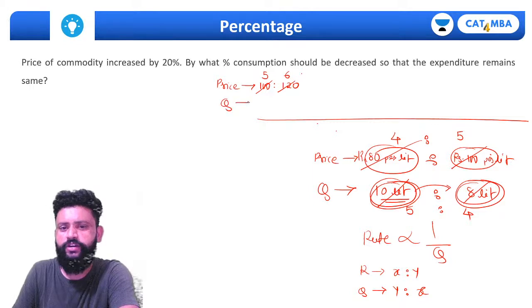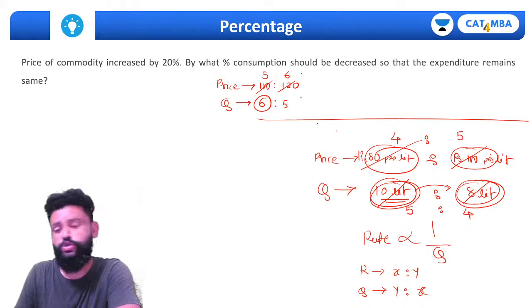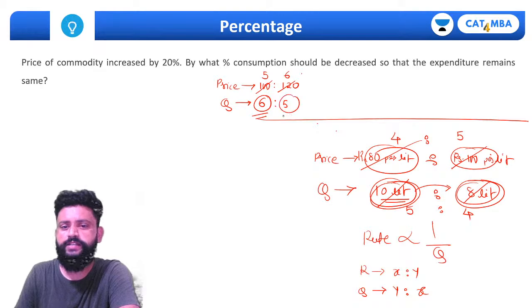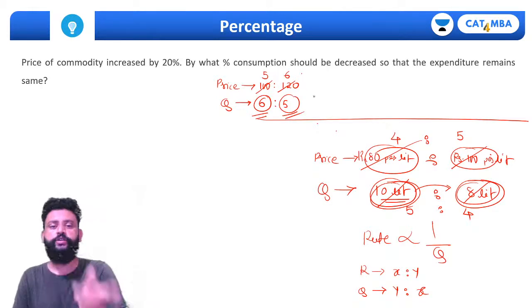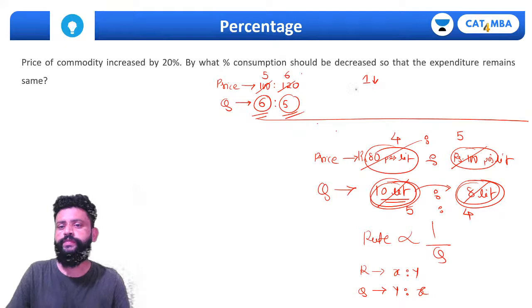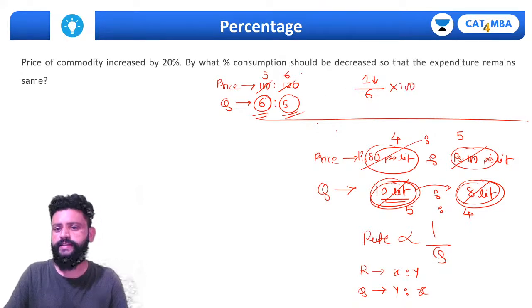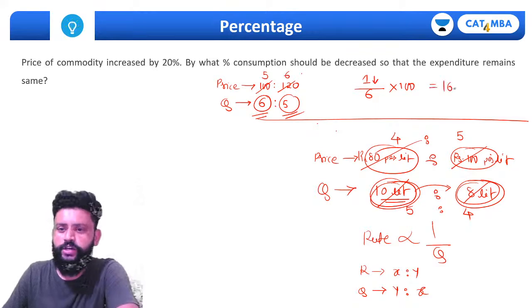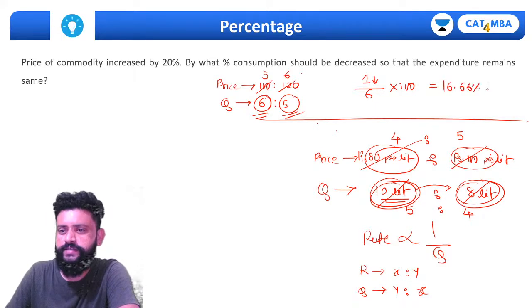Then definitely the quantity ratio will be 6:5. So if earlier consumption was 6 units, now consumption has to be 5 units due to the increase in price. So how much did I have to decrease? 6 minus 5, it is decreased by 1 compared to what? On 6 you decreased by 1, so 1/6 into 100 comes out to be 16.66% decrease.